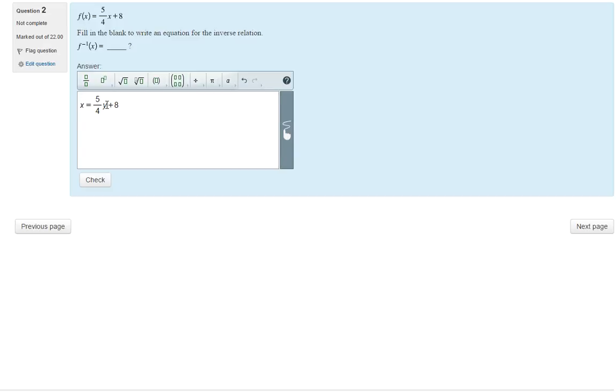Next step would be to solve for y. So once again, we're going to undo any loose addition or subtraction. In this case, we have to undo adding 8 by subtracting 8 from both sides. Now we're going to undo multiplying the y by 5/4 by multiplying both sides through by the reciprocal. So I've got to put that in parentheses. If I don't, it will be a mistake.